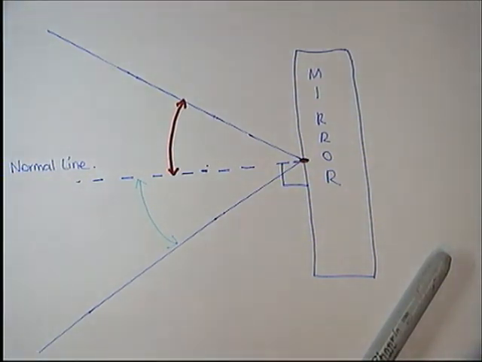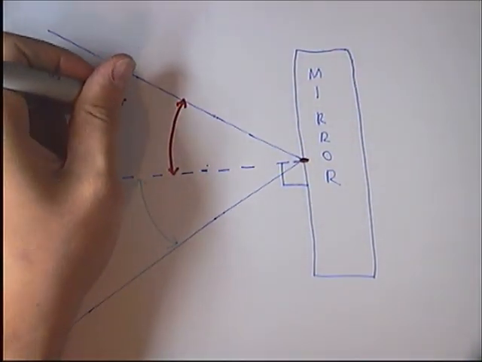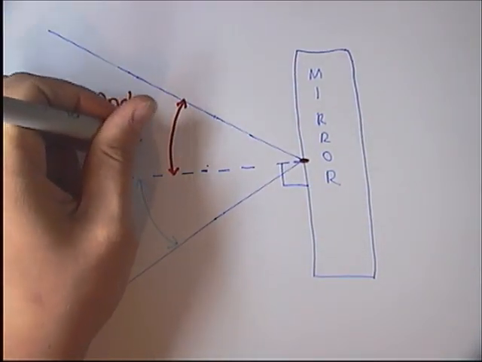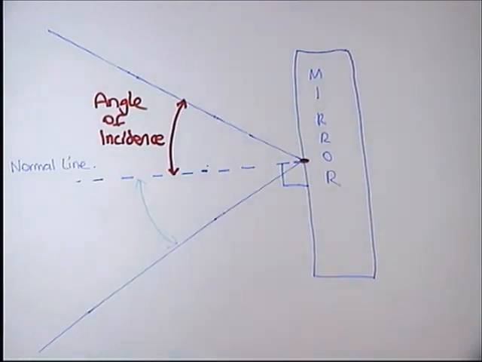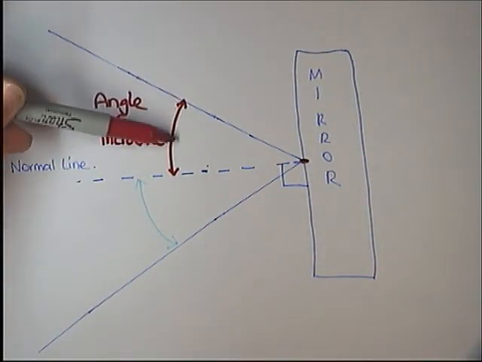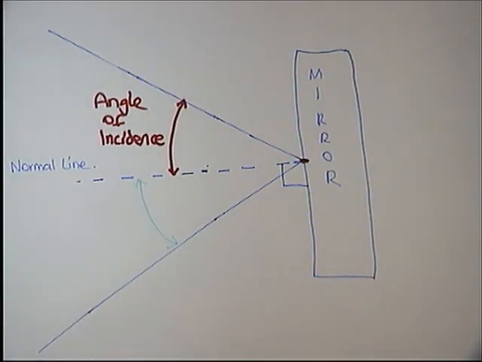Now the first angle up here is called the angle of incidence. The angle of incidence is the angle between the incoming ray of light and that imaginary normal line you drew at 90 degrees to where it hits the mirror.